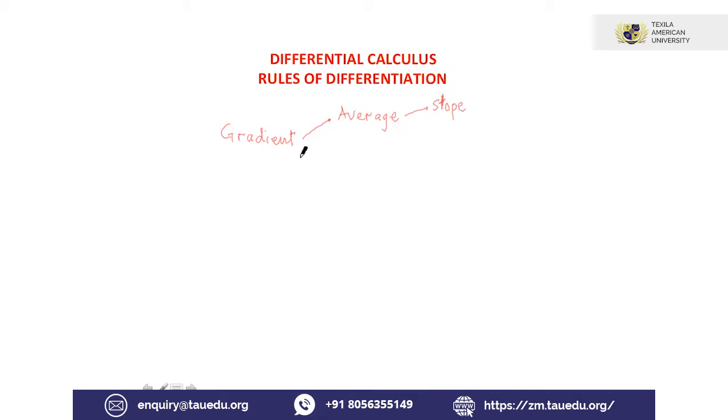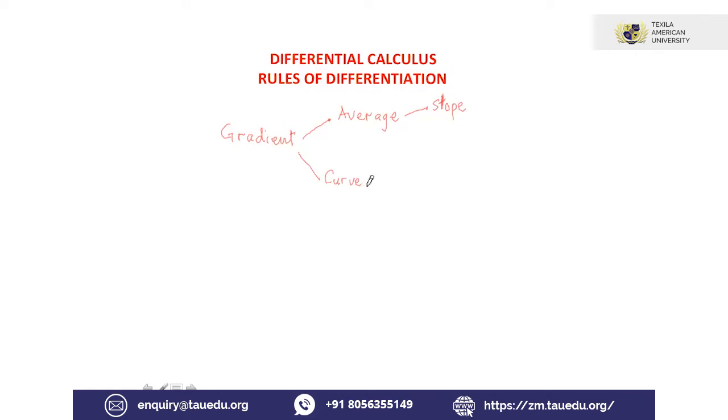But today, the derivative that we're going to do is not only the slope of a straight line, but the gradient of a curve at a point. So the gradient that we're going to be talking about today is what we call differentiation or a derivative.